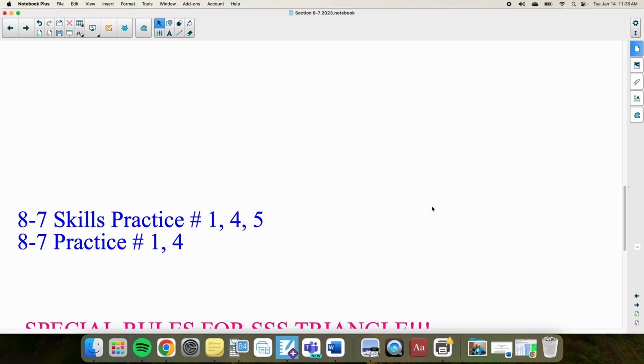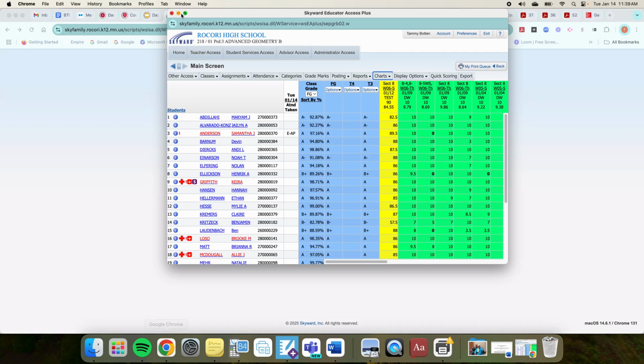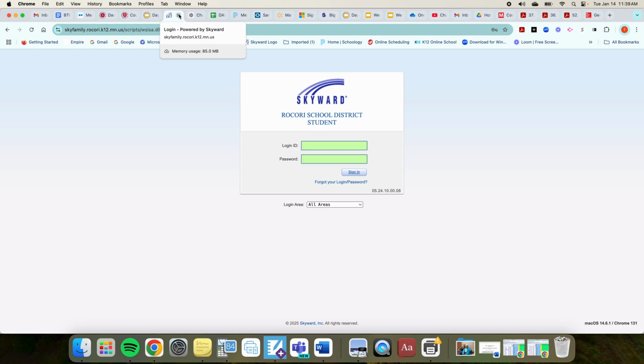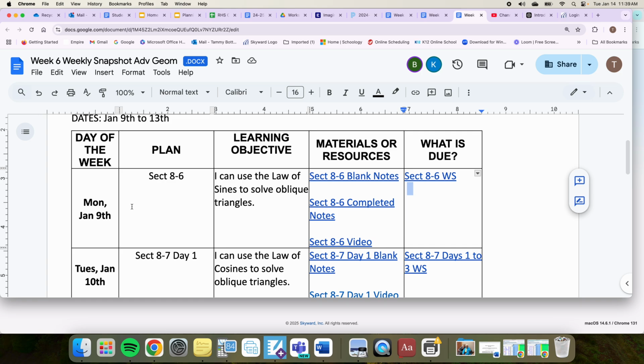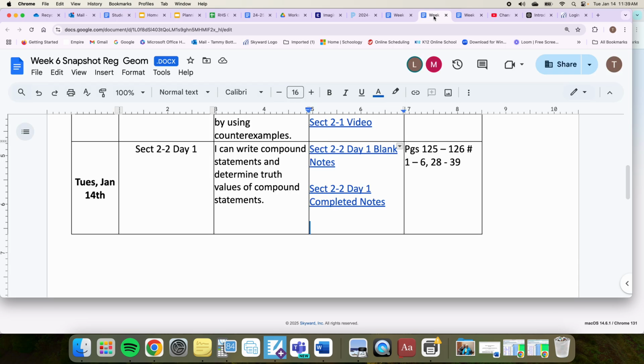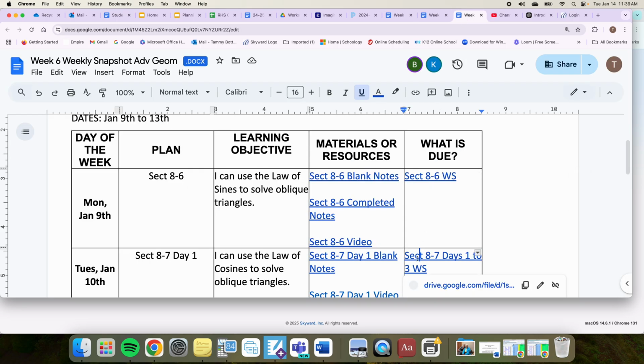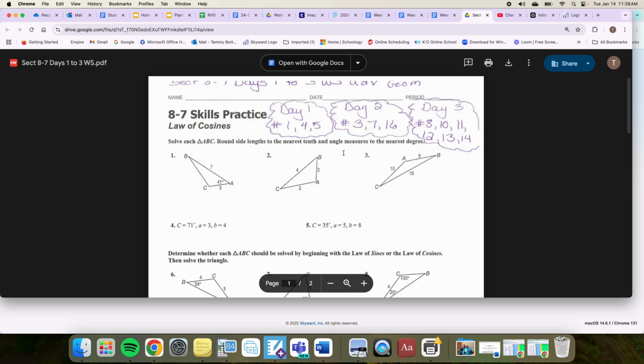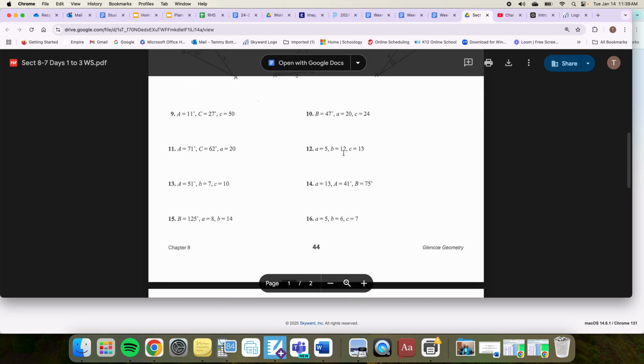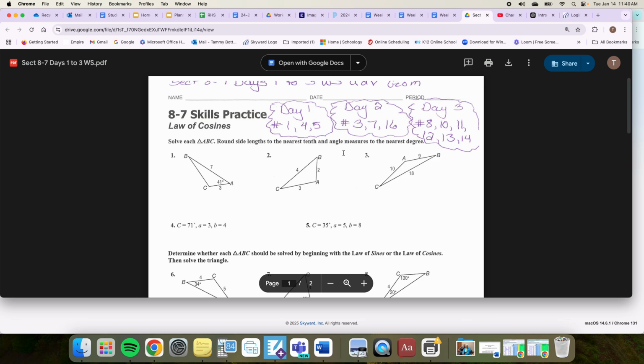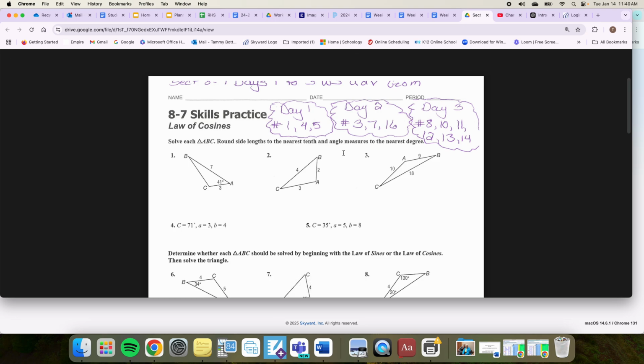I'm sure they're going to be these 5, but if I show you Schoology, it should have day 1, day 2, day 3. So you're going to do just the ones for day 1 today, okay?